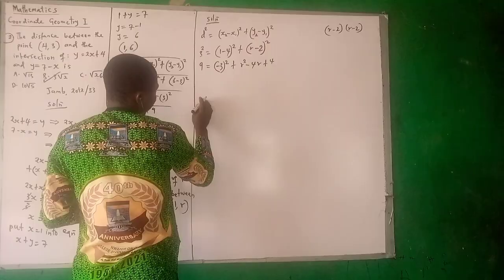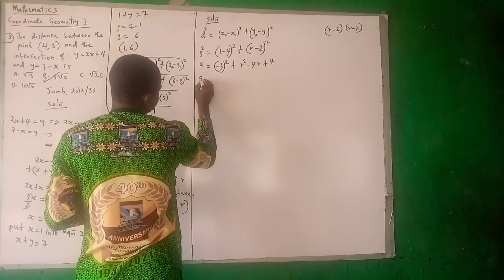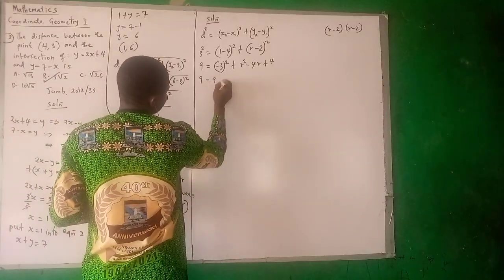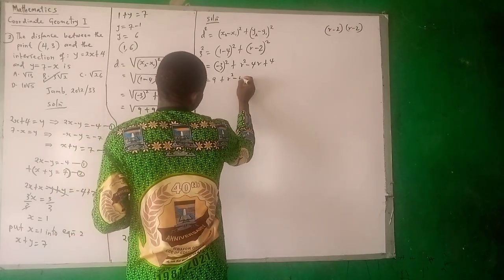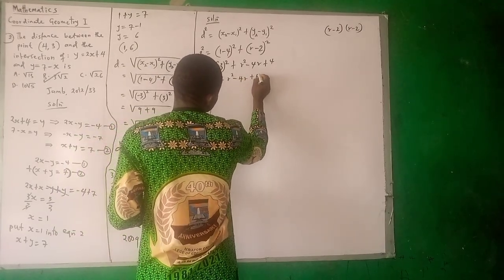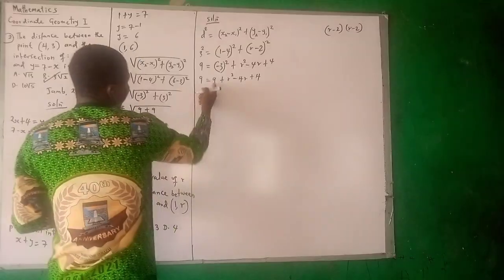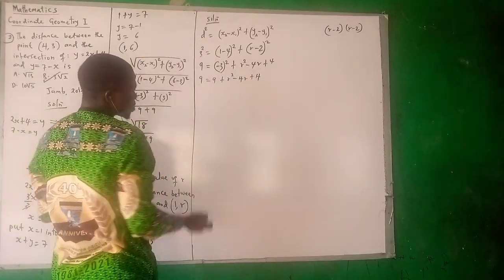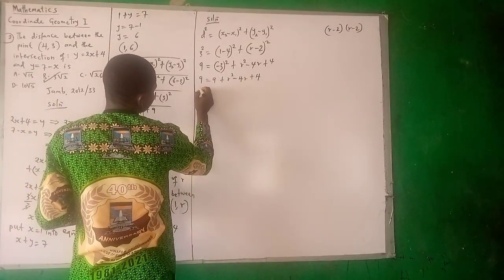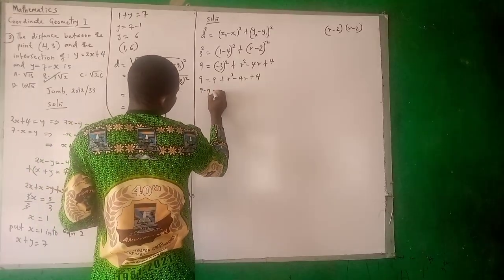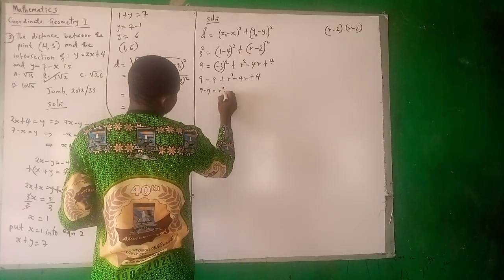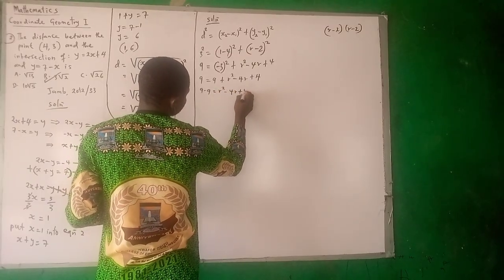Now, let's continue. We have 9 equal to minus 3 squared, which is 9, plus r squared minus 4r plus 4.